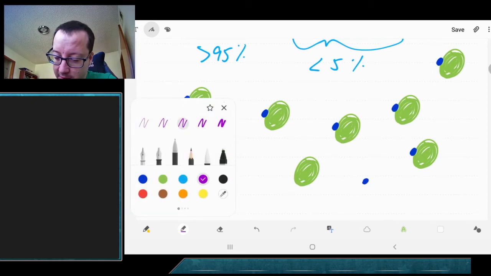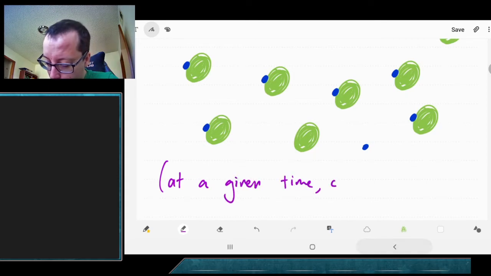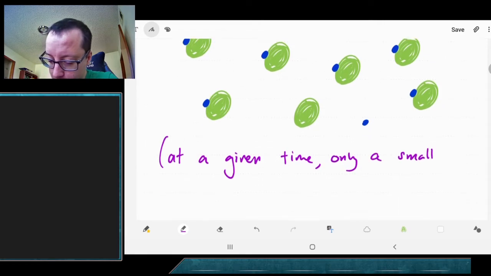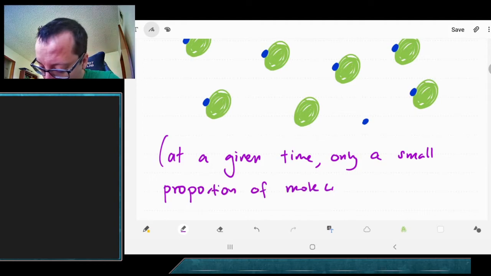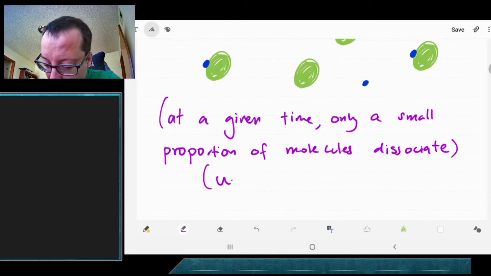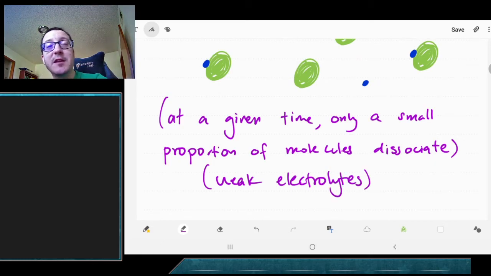So we see that only at a given time, only a small proportion of molecules dissociate. And this is, again, for weak electrolytes. And weak electrolytes are just going to be those acids.